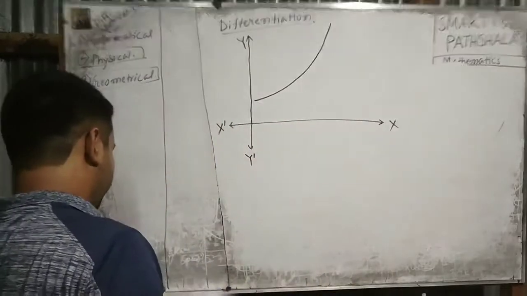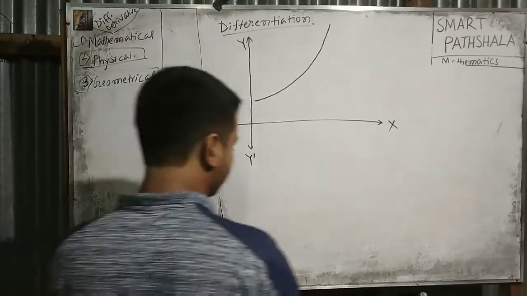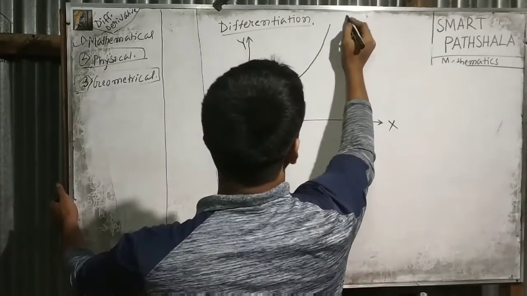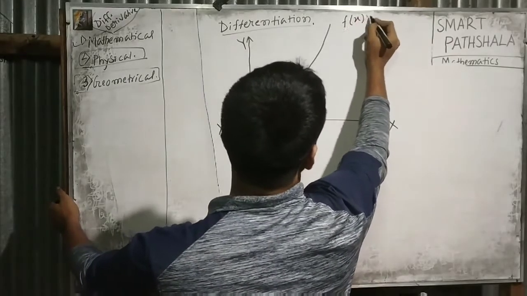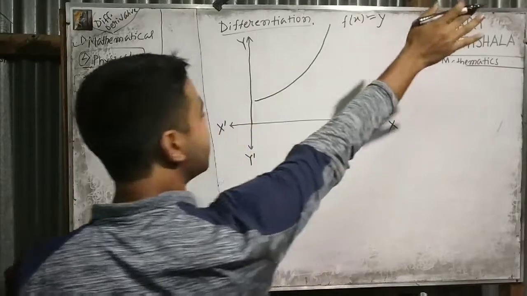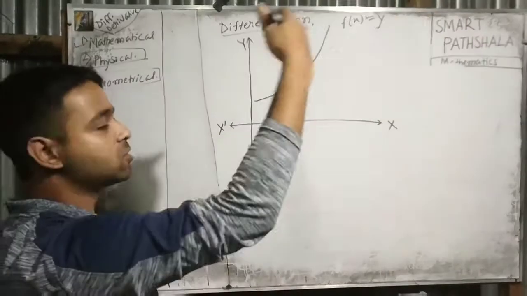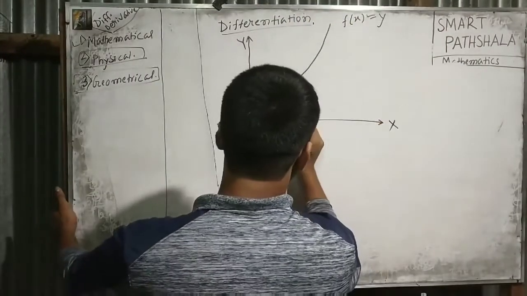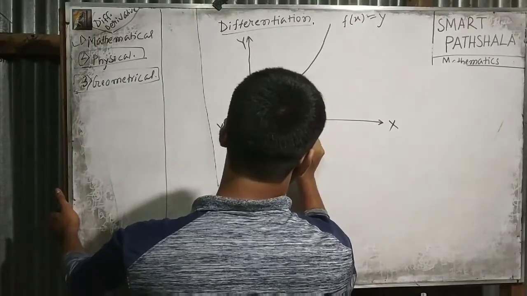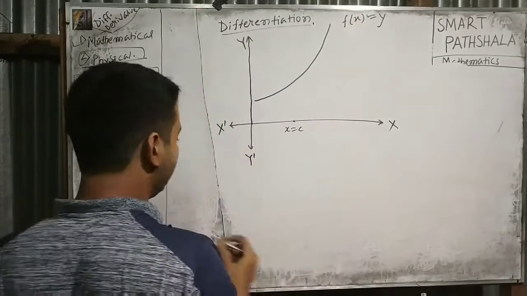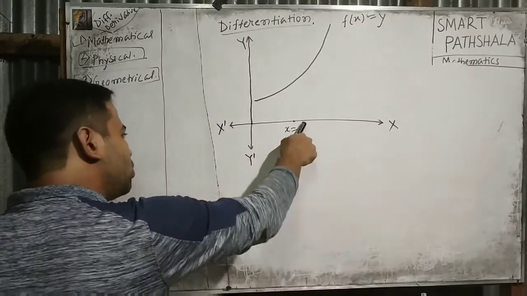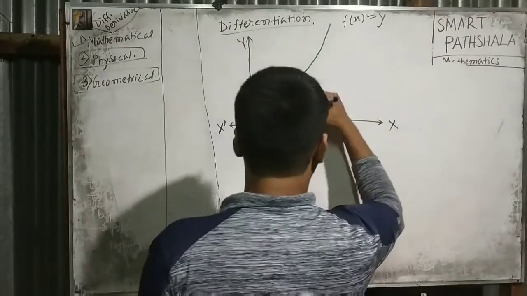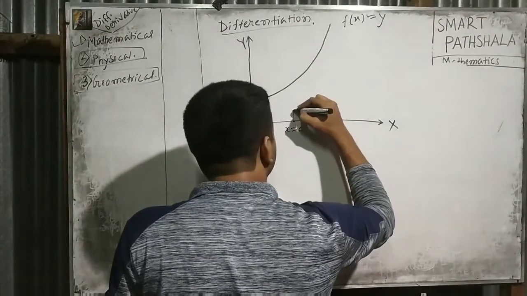Now the equation of this curve is f of x. We can write it as y equals f of x. F of x can be anything: sin x, cos x, log x. Then suppose here the point is x is equal to c. Now at x is equal to c, what is the value of y? Obviously I will go straight here.